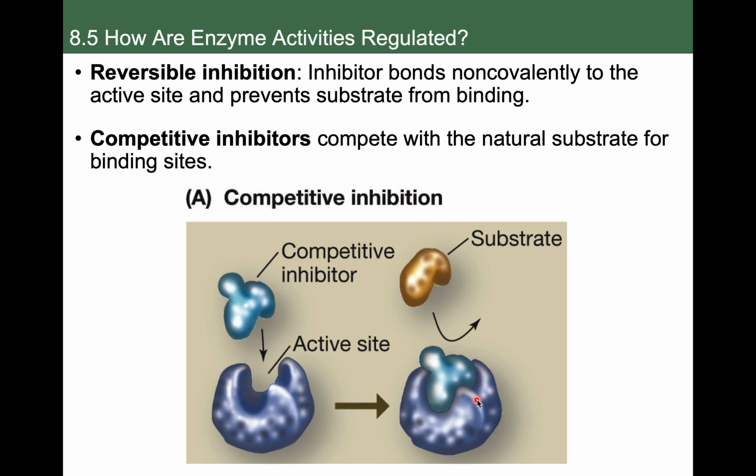So just like we saw with the DIPF nerve gas example, right, that inhibitor was actually sitting in the active site and outcompeting the substrate. So if the substrate can't bind, the enzyme can't catalyze whatever reaction it's supposed to carry out. So that's competitive inhibition. That kind of makes sense.